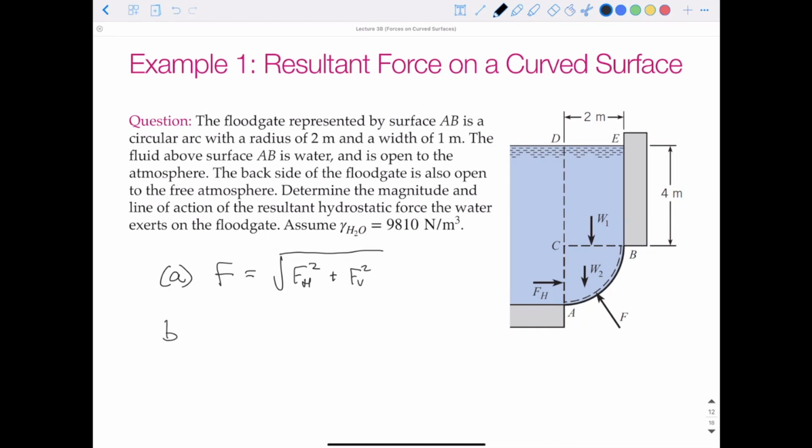And then we have to find B, second part, the line of action. What we mean when we say line of action is we want to find theta, the angle of that line of action, and then the point x at the center of pressure and z at the center of pressure that point acts through.